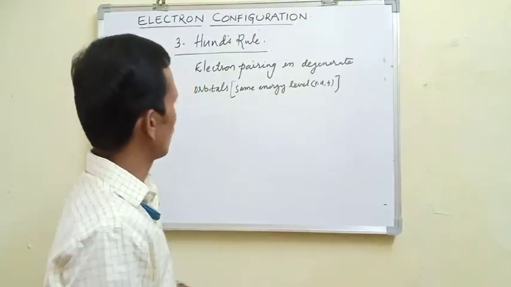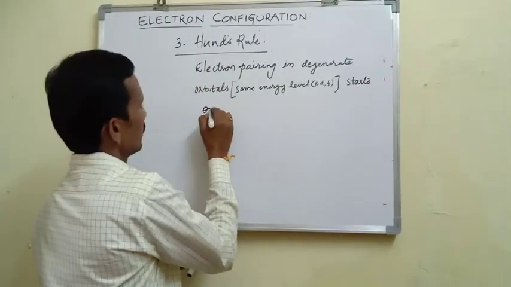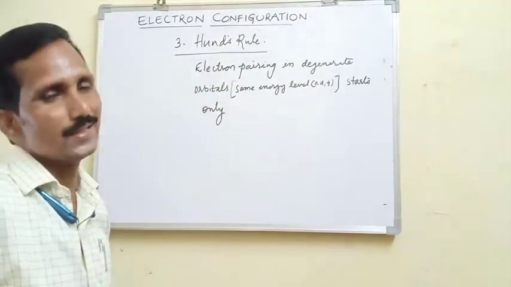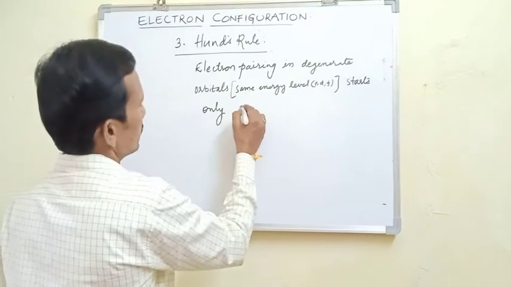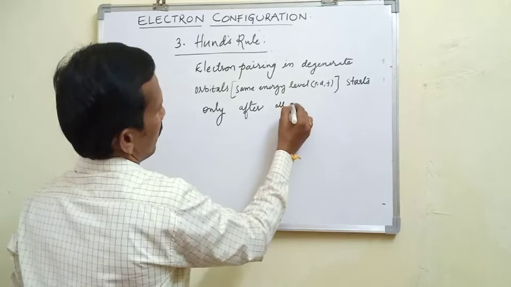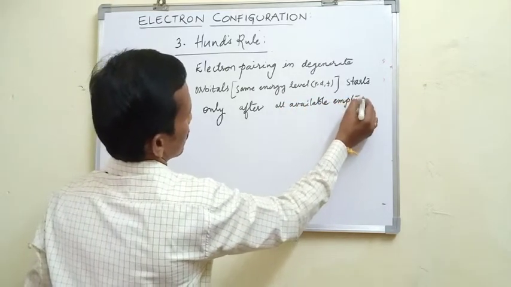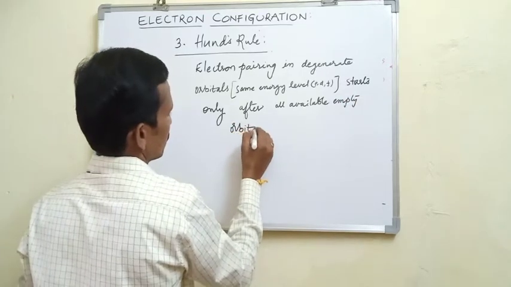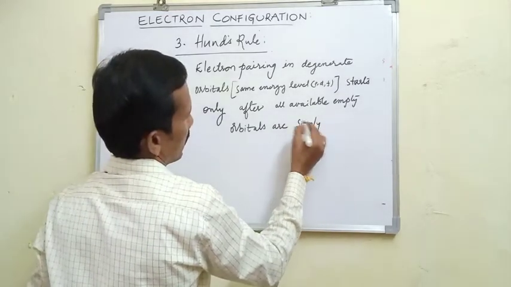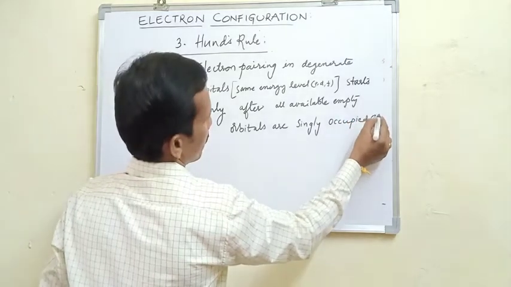Electron pairing in degenerate orbitals starts only after all available empty orbitals are singly occupied, or singly filled.